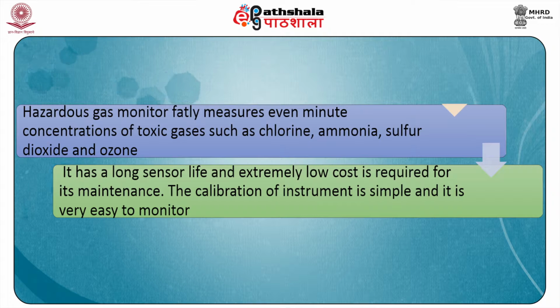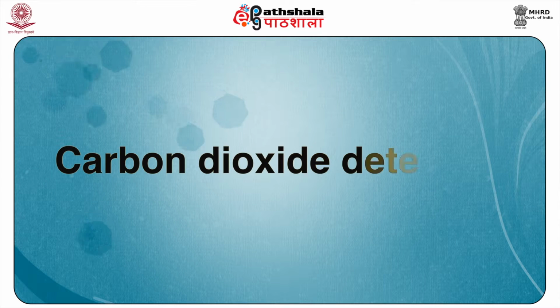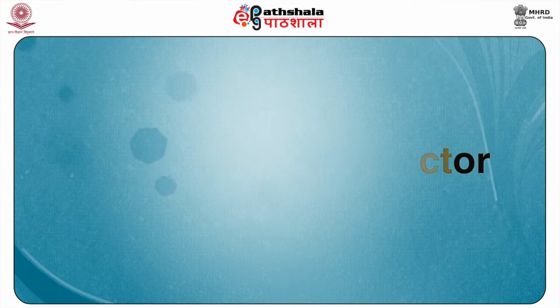It has a long sensor life and extremely low cost is required for its maintenance. The calibration of the instrument is simple and it is very easy to monitor. To conclude, it's a very powerful, useful device for environmental monitoring, it's very economical, and long-term data can be stored in such a device.